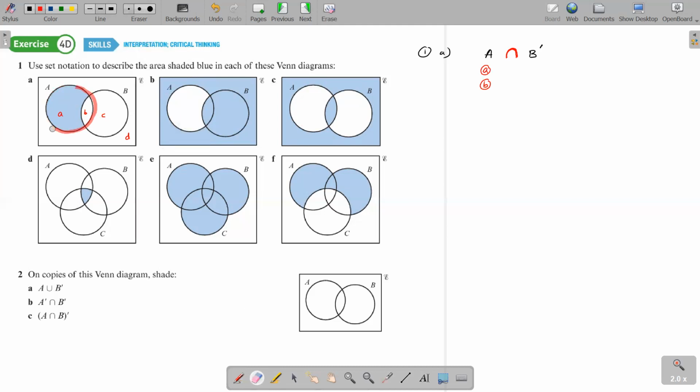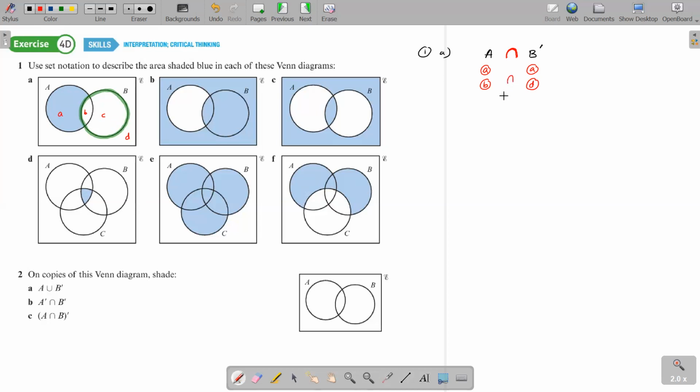B dash means don't include B, remove B, right? Other than B, take everyone else. So inside B, you have the regions B and C. Outside, B dash means outside of B, right? So outside of B, you have the regions A and D. Can you guys see? Do you guys agree with me?